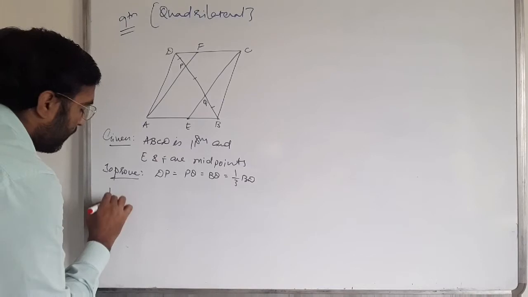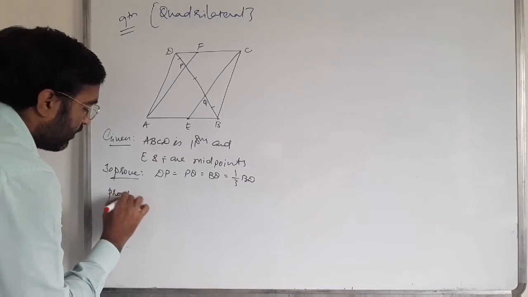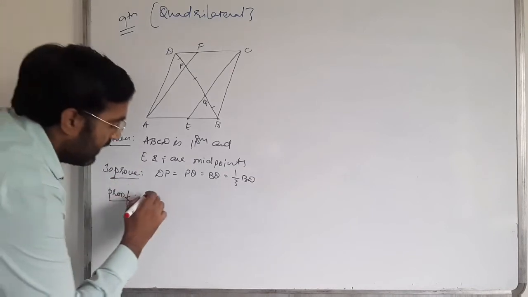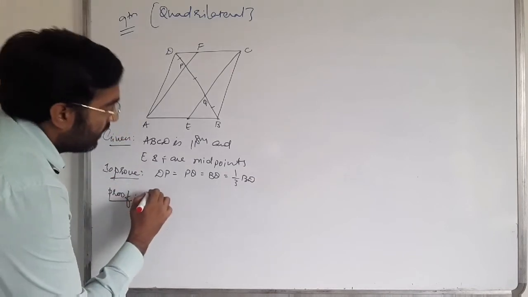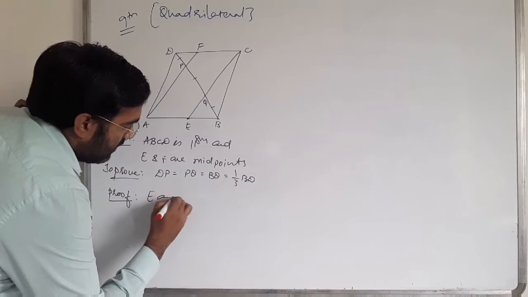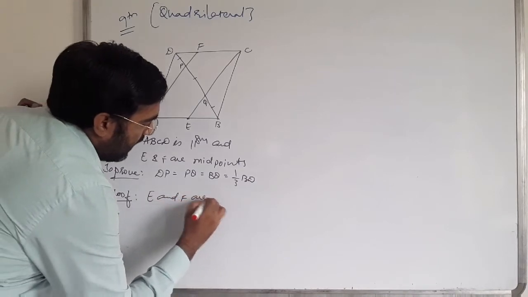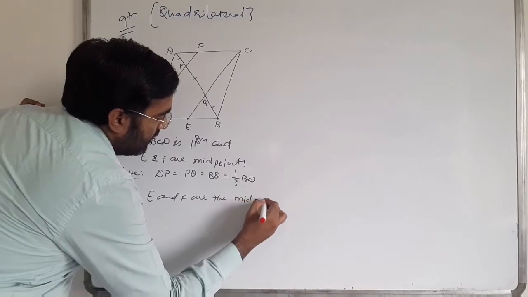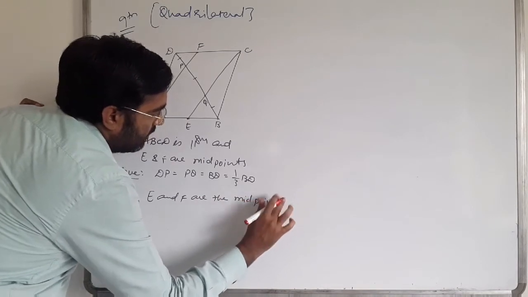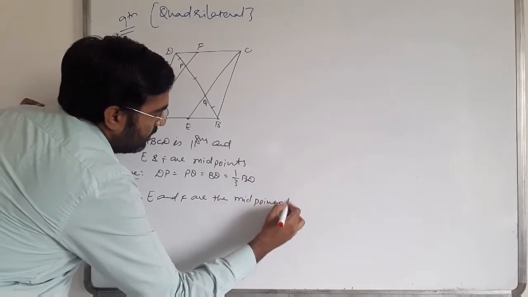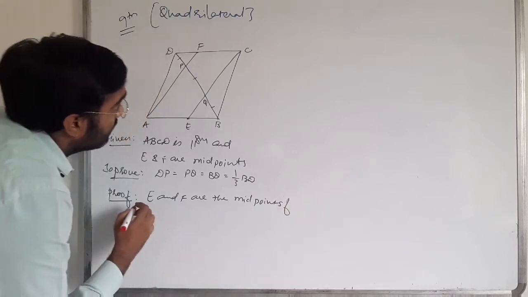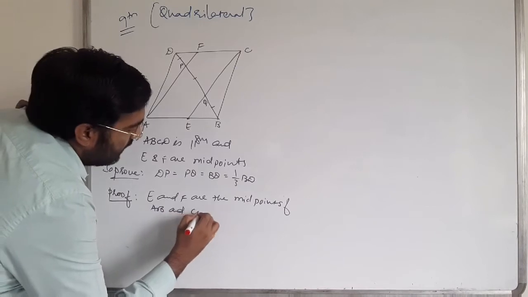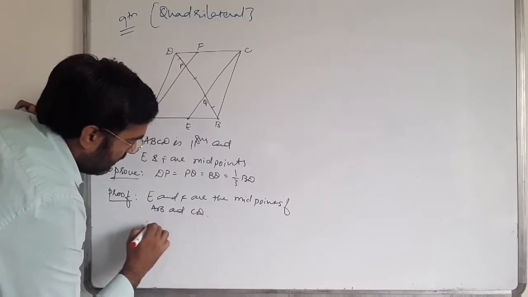Okay, so let's start to prove. In the proof, first of all, E and F are the midpoints of AB and CD.